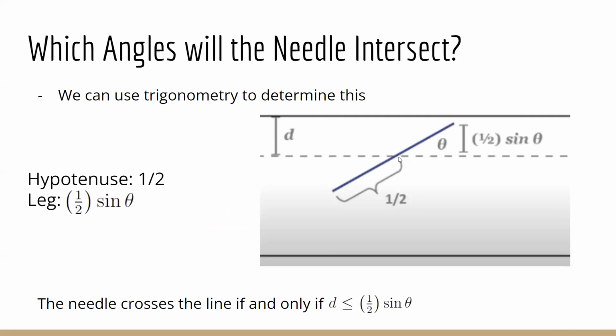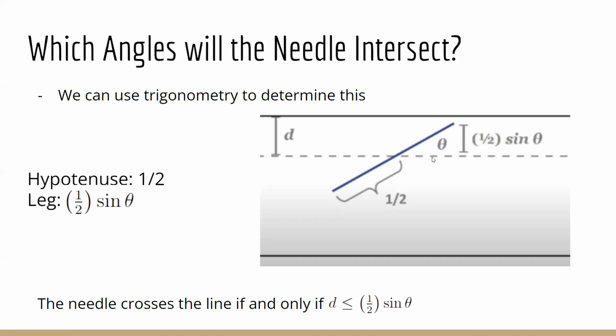If we think of this needle, don't look at this bottom half of the needle, just look at the top half where it's above d. We have a hypotenuse, and then we have 2 legs. We know that the hypotenuse is equal to 1/2 because that's half of the needle, which had a length of 1.